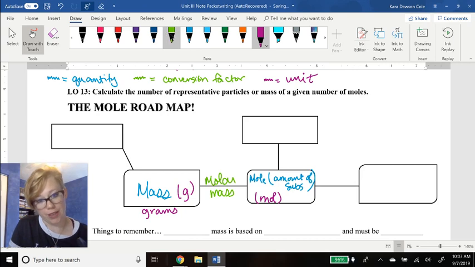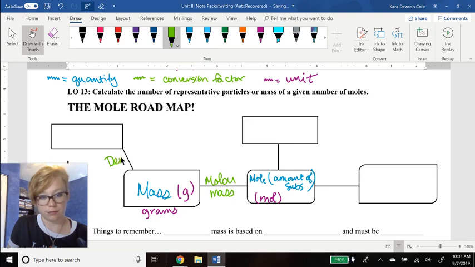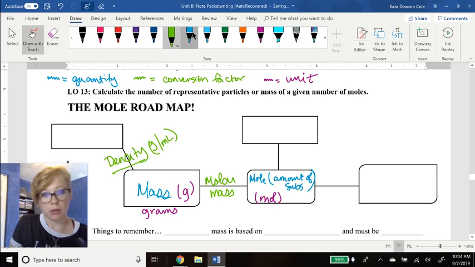Now if I want to get to volume, the conversion factor that I need is my density, which is grams per milliliter here. That's my unit for density. The quantity I'm going to get is my volume, and this is usually in milliliters.